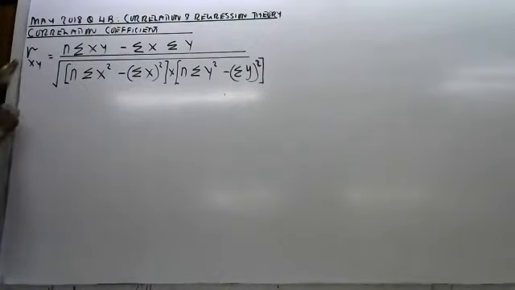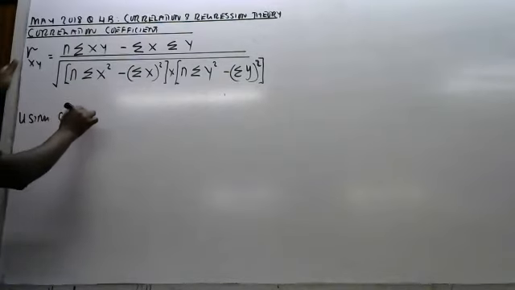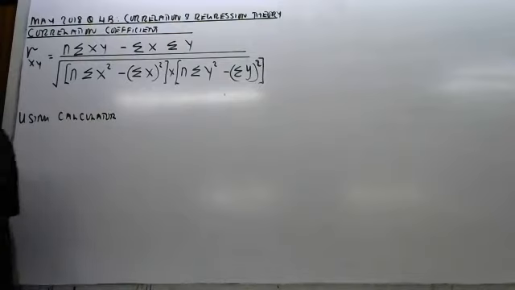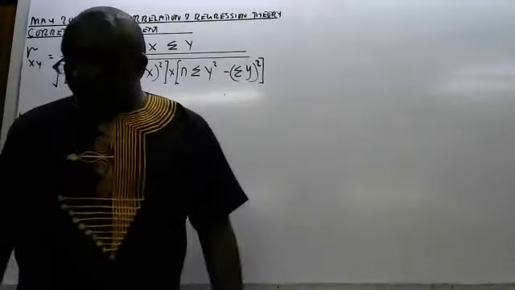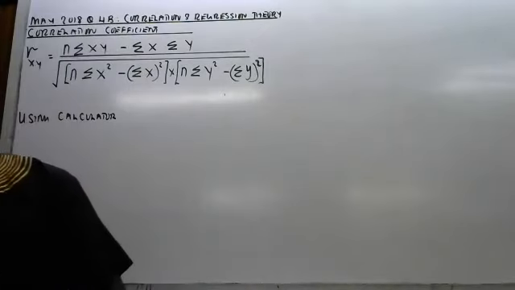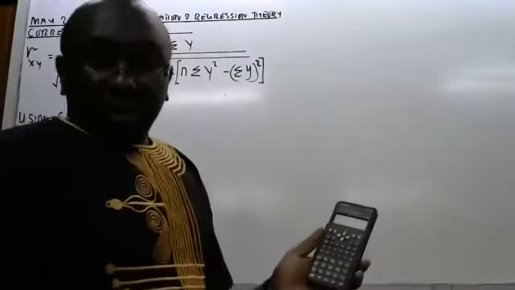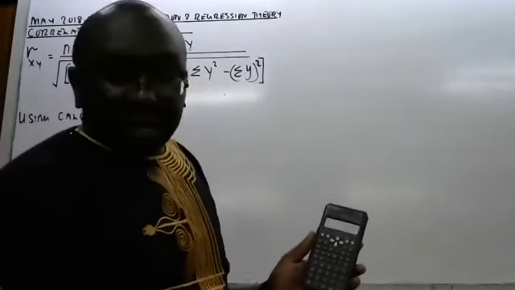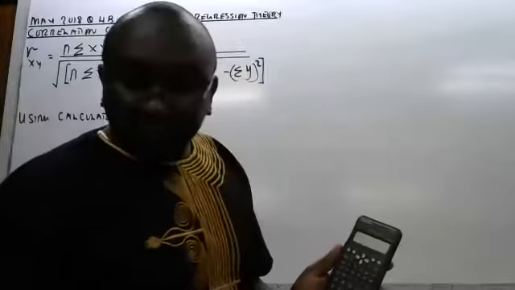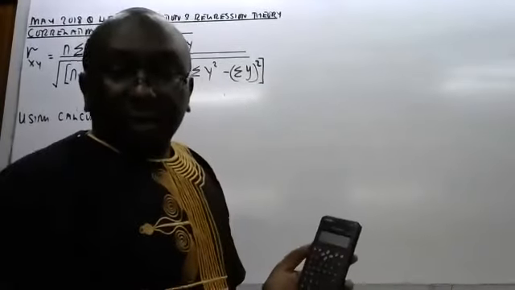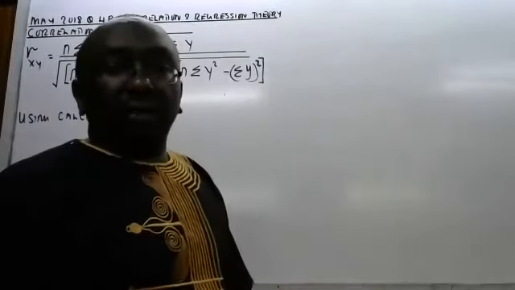So here you say using calculator. Take your calculator, and let us set it and we begin. And remember the values, or maybe let me start by asking, who is X?